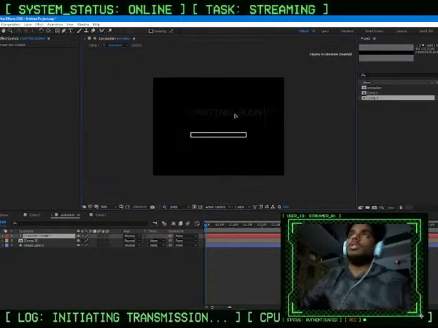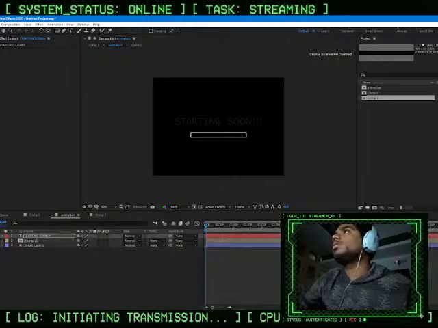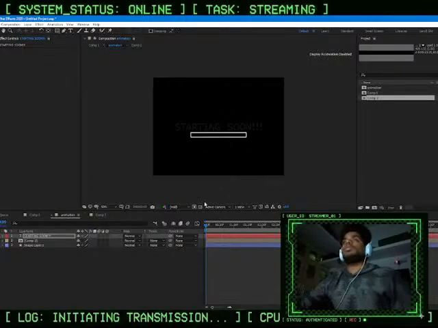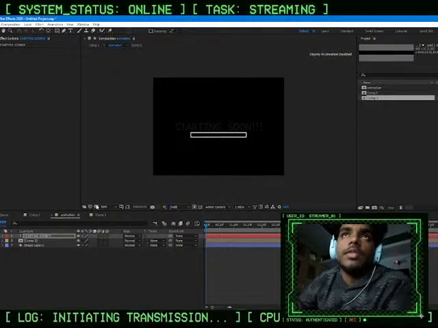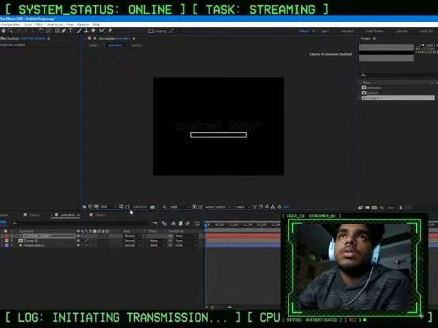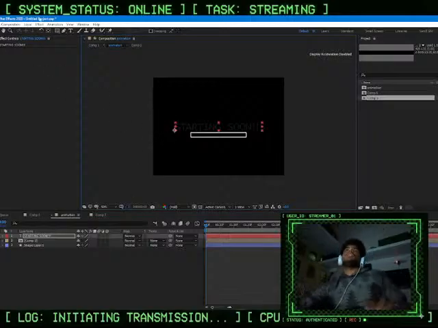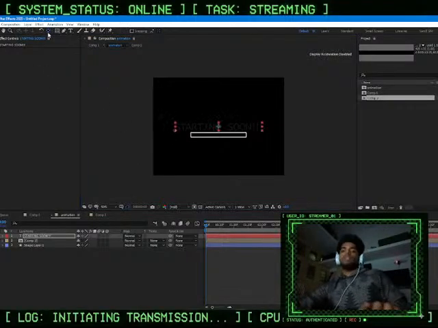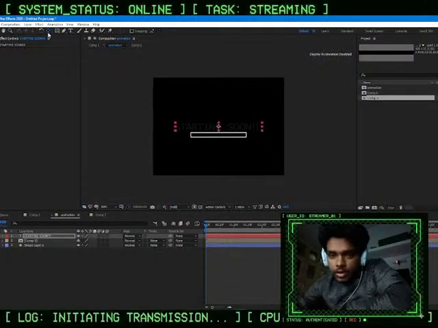There is something where I am not seeing the controls. Or maybe I have hidden the wireframes. So I need to see if I have hidden the wireframes. Somehow today I am actually behaving like a smart person.